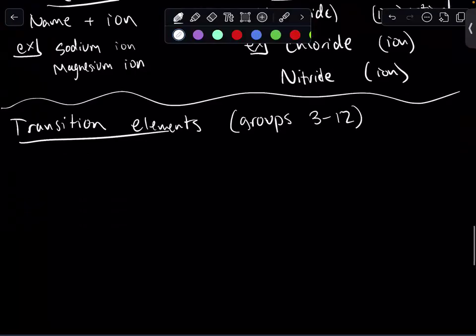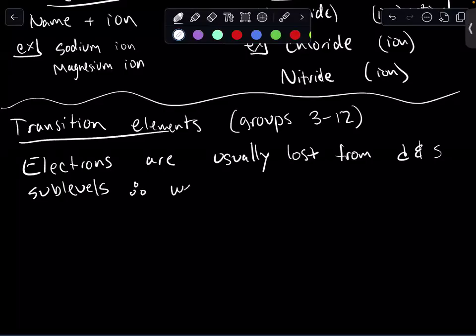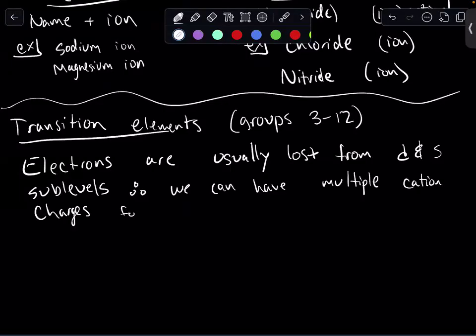So these are kind of problematic because electrons are usually lost from D and S sublevels, as opposed to our alkali metals and alkaline earth metals, which just lose from our S. Therefore, we can have multiple cation charges for each transition metal.